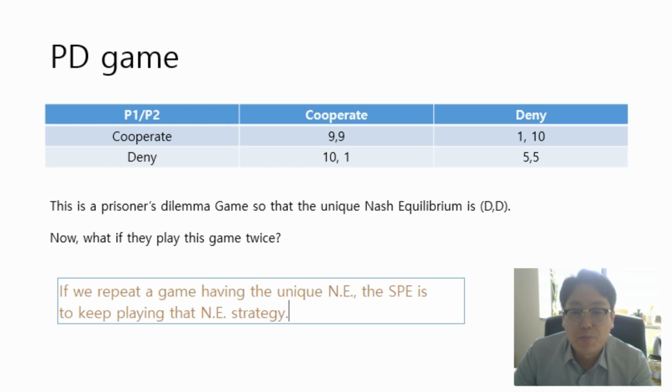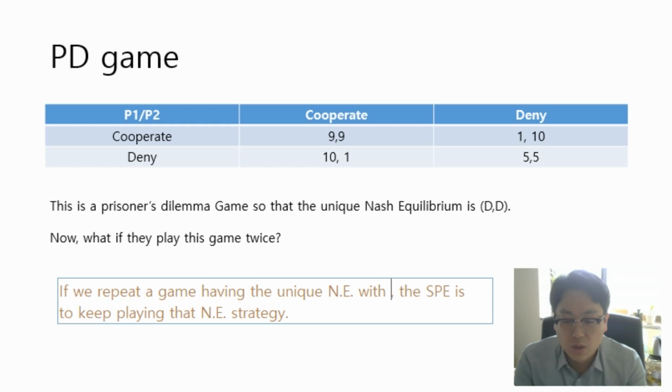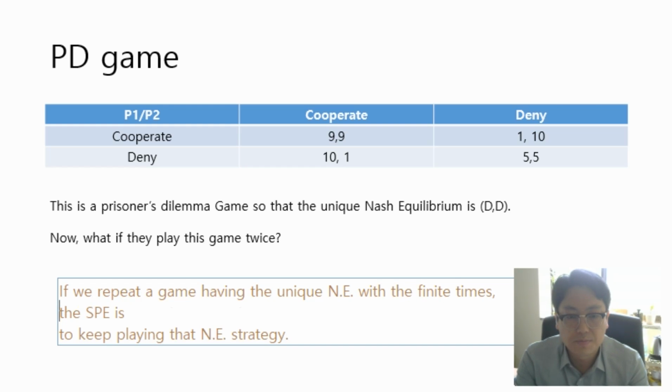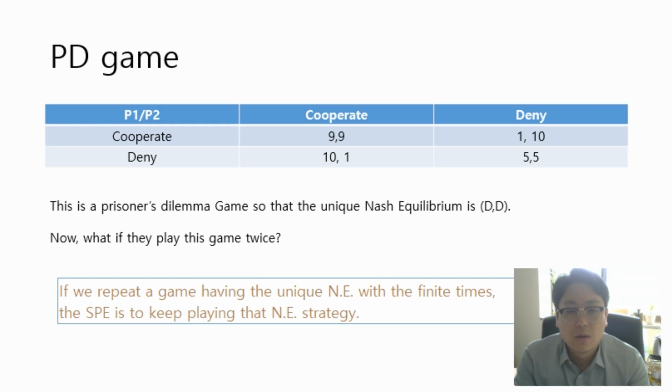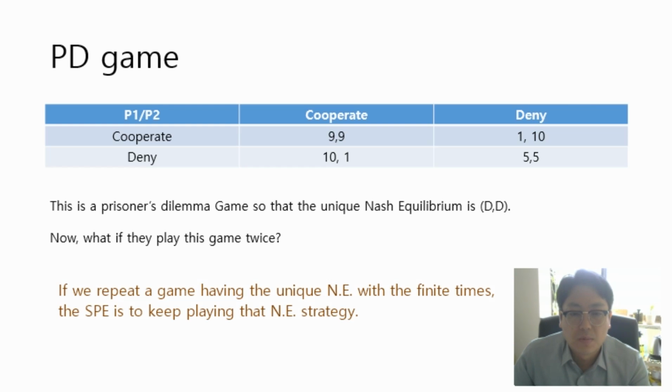If we repeat the game having a unique Nash equilibrium finitely many times, then the SPE is to keep playing that Nash equilibrium strategy forever.